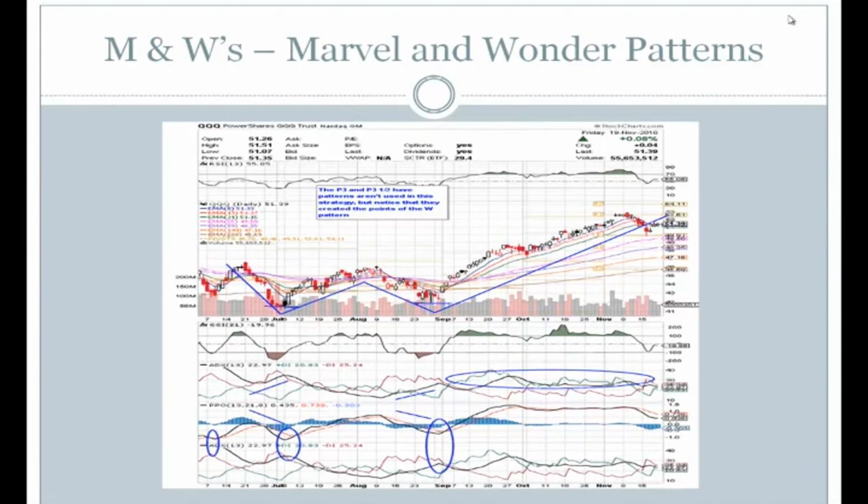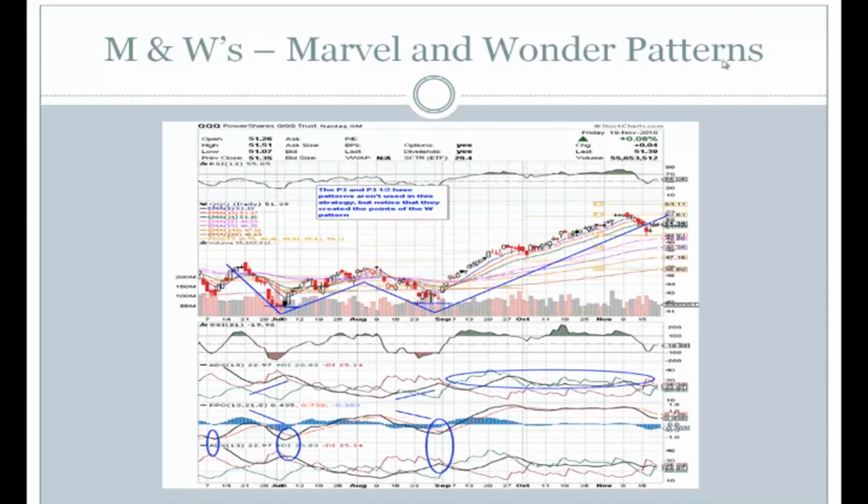But there are two types of M's and W's, so it gets more complicated to say, well, it's a double top with a twist. So this is just my way to give them names and become personally involved with them, if you want to say.